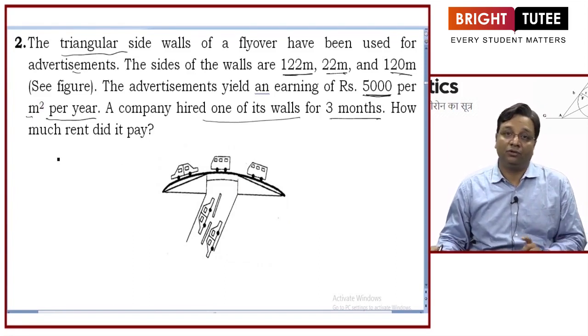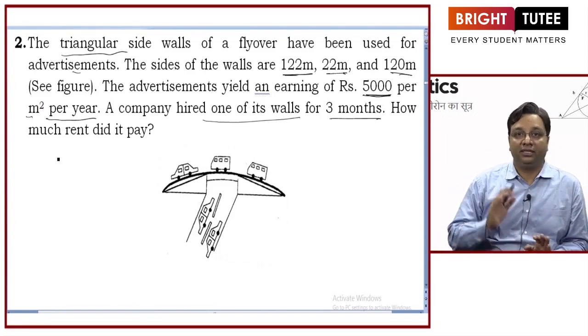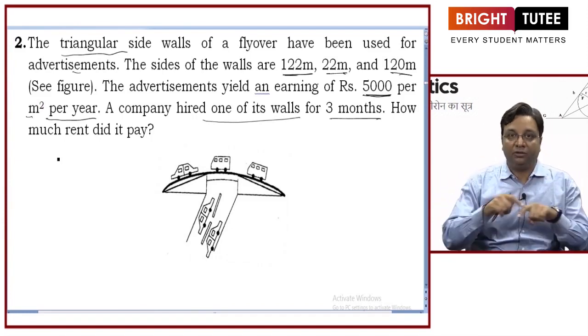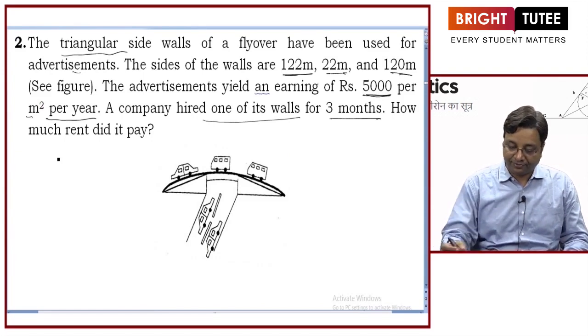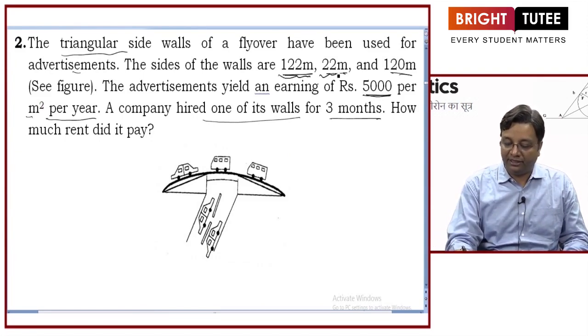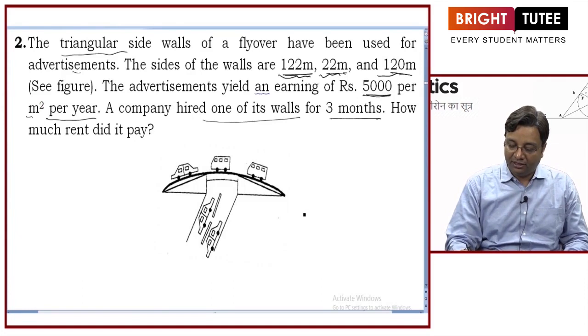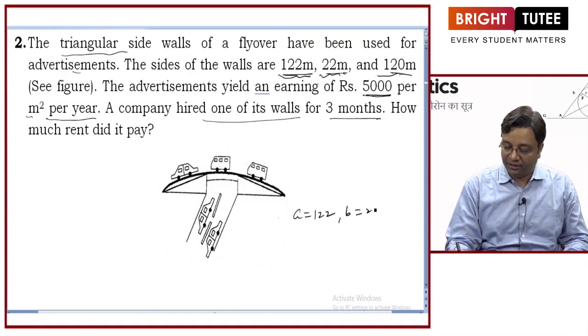So, the first and foremost requirement is to calculate the area of this triangular region which the company is hiring. To calculate the area, we need the sides, which are already given. Let us say A is 122, B is 22 and C is 120.